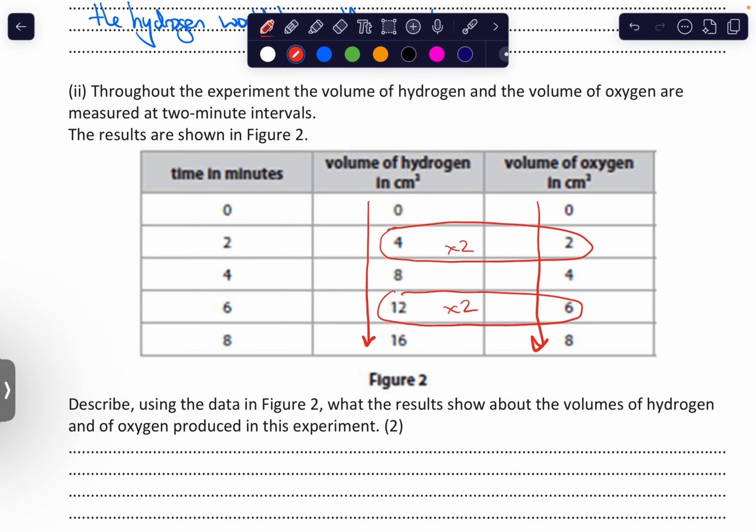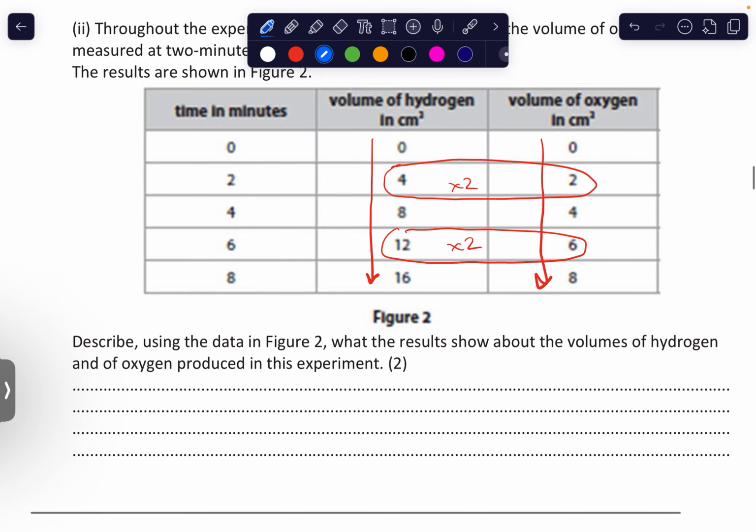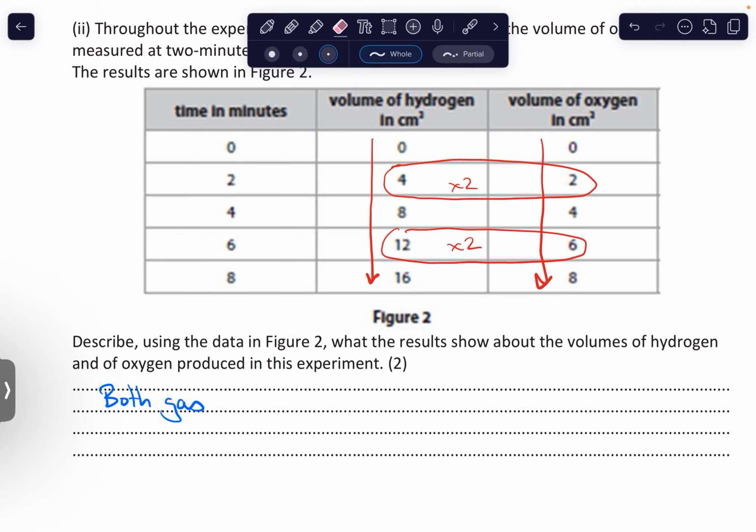So in order to get the 2 marks in this question, what we need to say is that both gases increase in volume during the experiment.